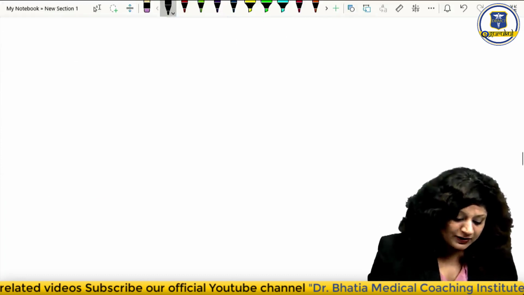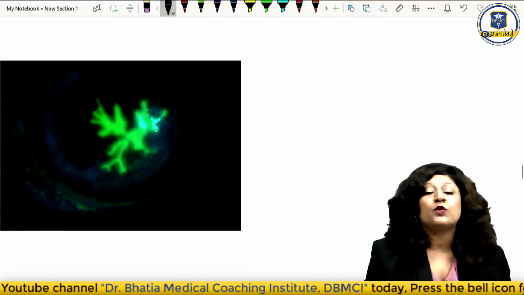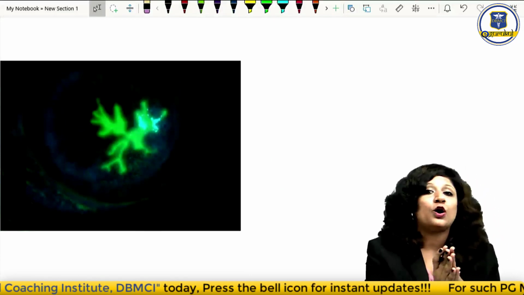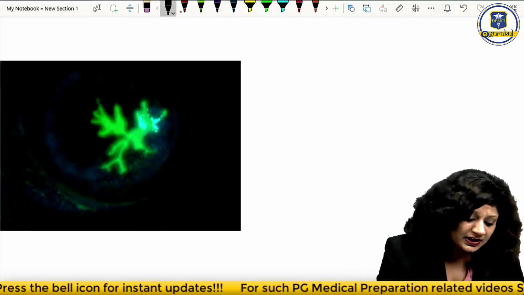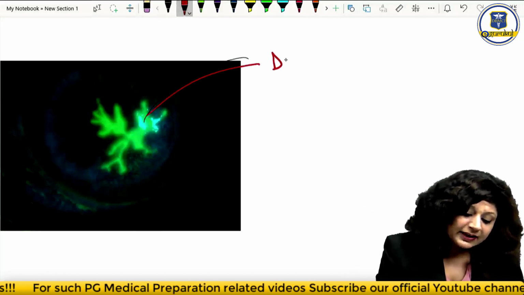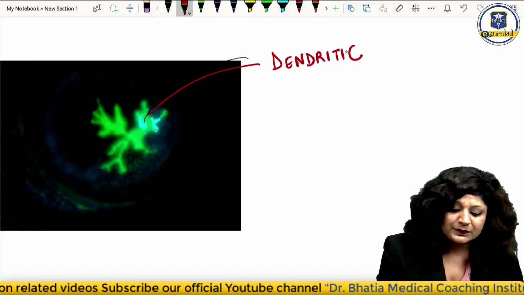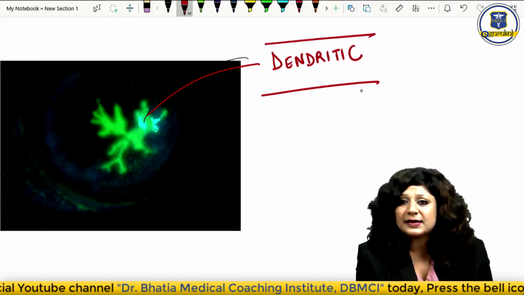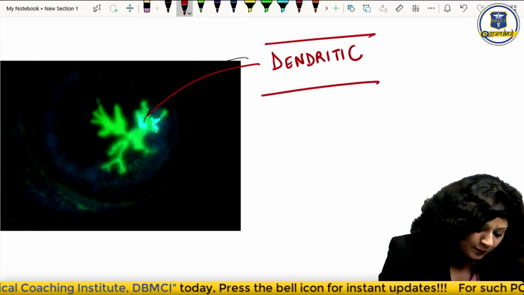Now what else? Apart from this superficial punctate keratitis, you will also get what is called the dendritic lesion. Very typical of herpes simplex is the dendritic ulcer. This is rather diagnostic or pathognomonic of herpes ulcers, the dendritic ulcers, where you have a tree-like arborizing pattern along with the knobs. Now, knobs are very important.